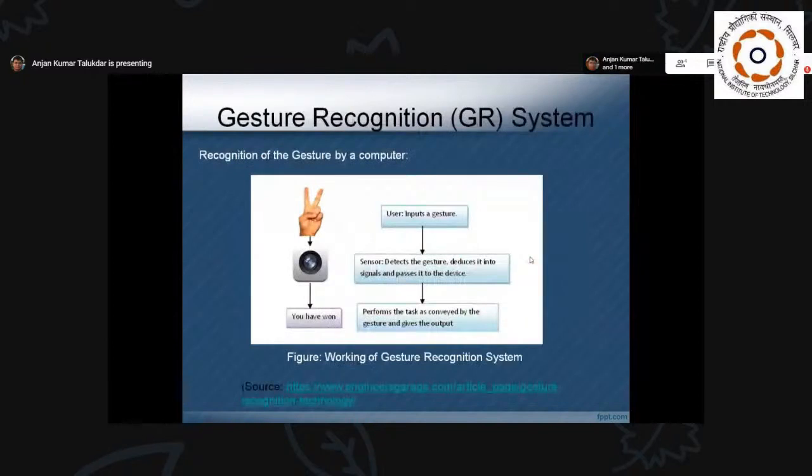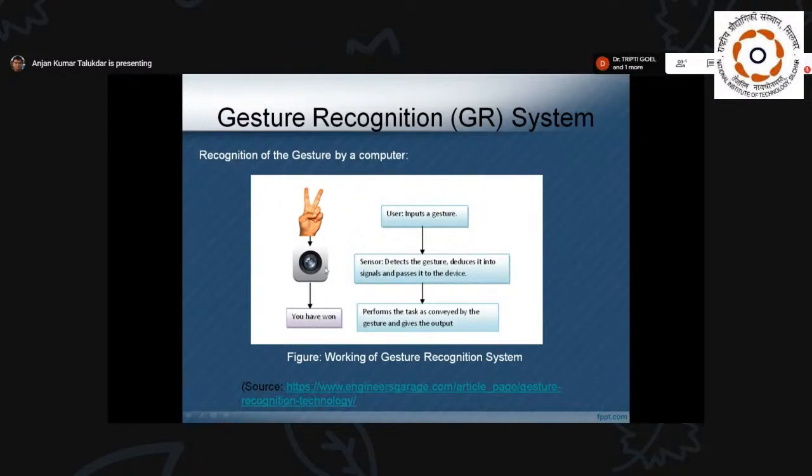Now what is gesture recognition basically? Gesture recognition is the recognition or understanding of the gesture by a computer or a machine. In gesture recognition, our input is a gesture given by the user.